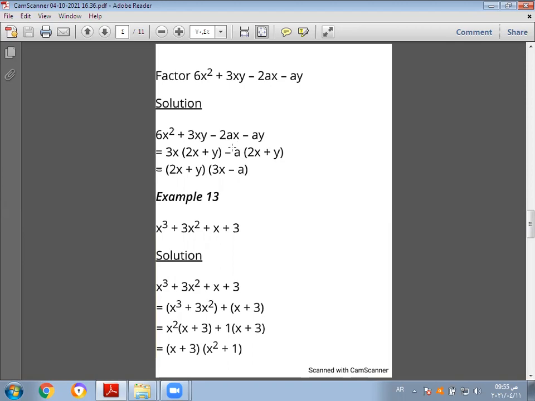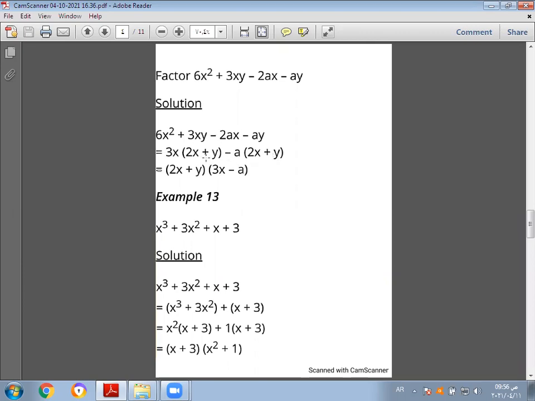So −2ax divided by −a gives 2x. The fourth term, −ay divided by −a: negative divided by negative equals positive, a divided by a equals 1, cancelled. The remainder will be y.